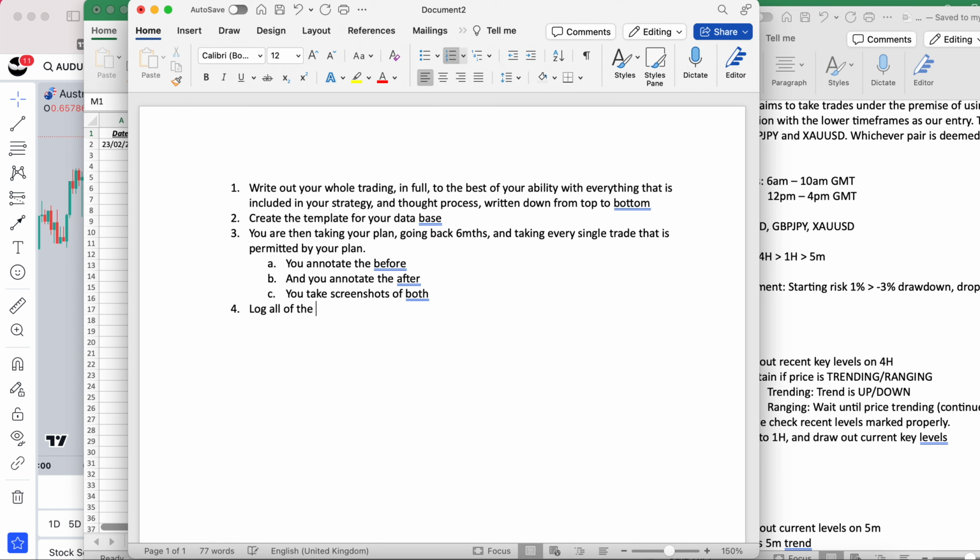Log all of the data into the database, okay? Log the results and the screenshots, okay? Now, once you have completed 6 months of trading data or 100 trades, guess what, guys?